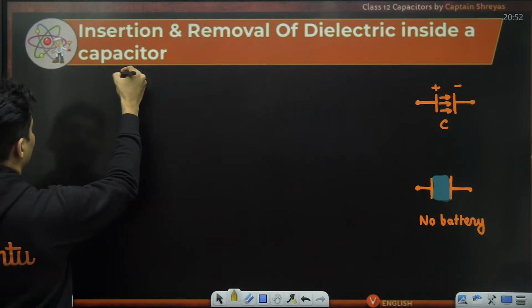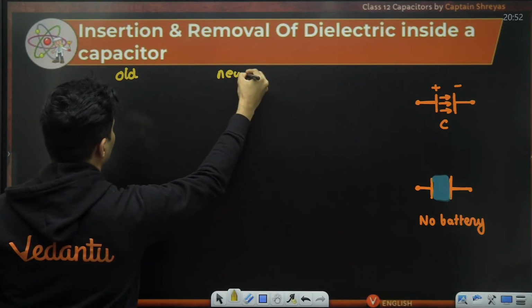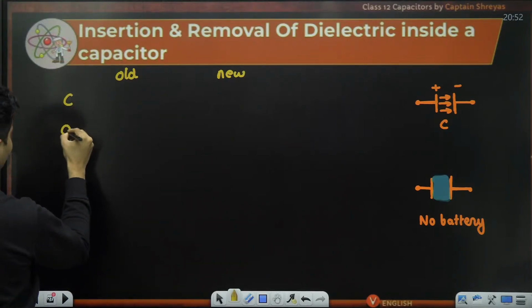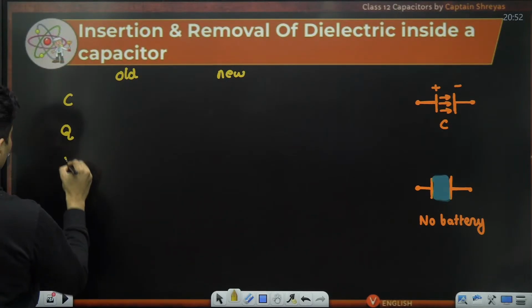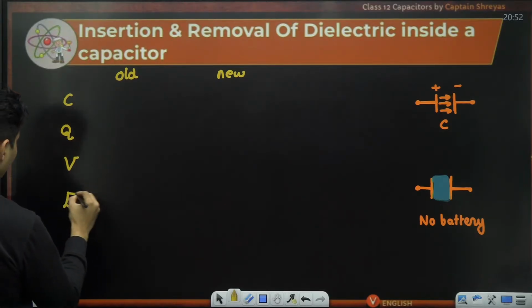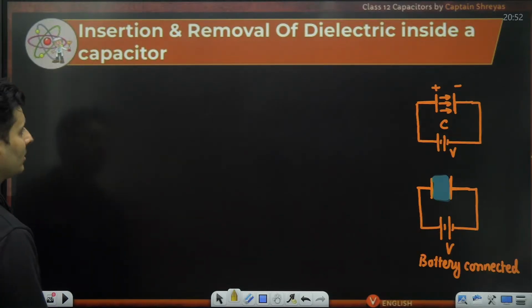So let's say these are the old values, and we'll write the new values. I want to see the capacitance, the charge, the voltage, what will happen to the electric field, and what will happen to the energy. Same thing I will do over here also.